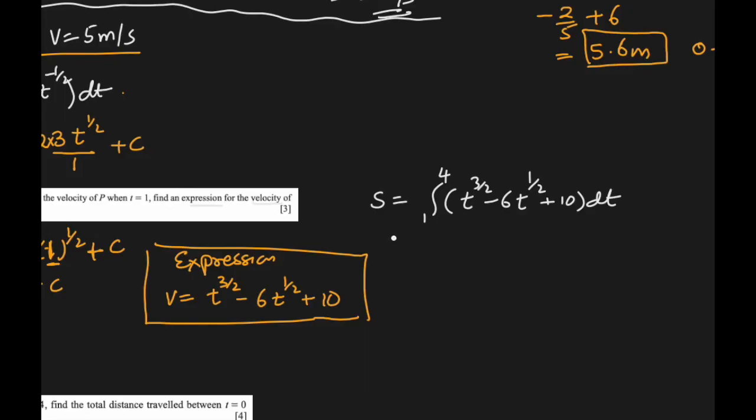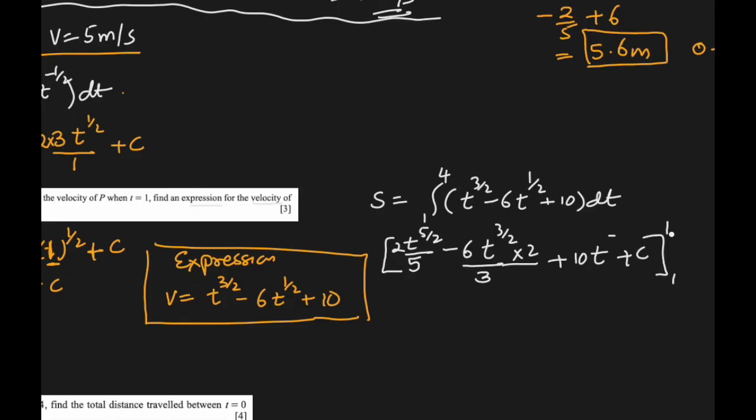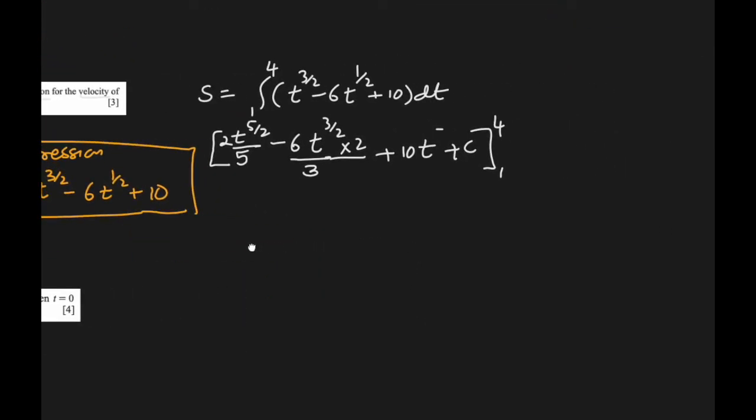So we will write this t to the power 5 over 2, because 3 over 2 plus 1, that's what we did previously, divided by 5 times 2, minus 6 times t to the power 3 over 2 over 3 times 2 on top, plus 10 t plus c from 1 to 4. And now we will just substitute 1 and 4 in this and we'll get it.